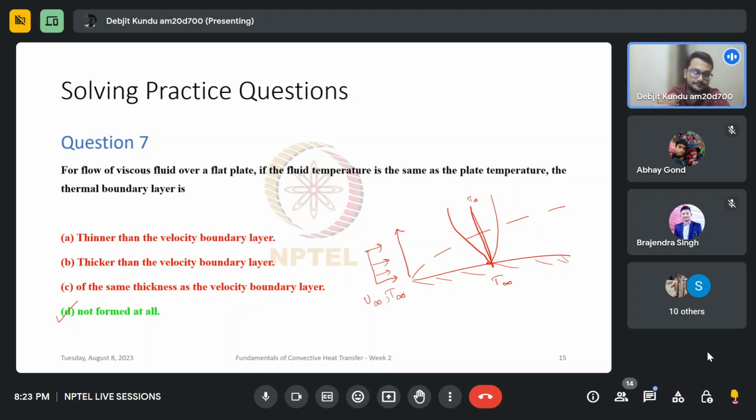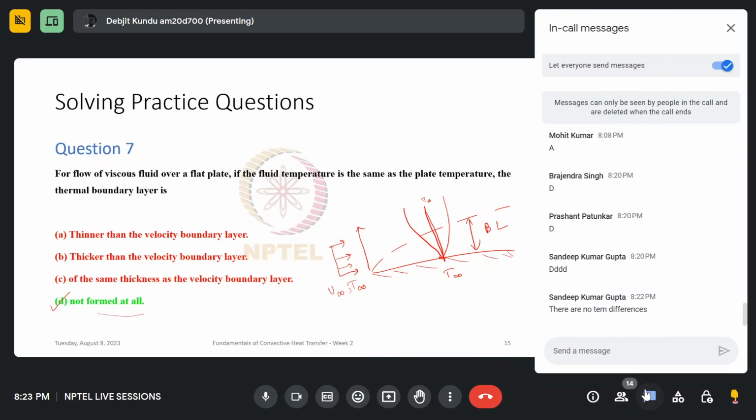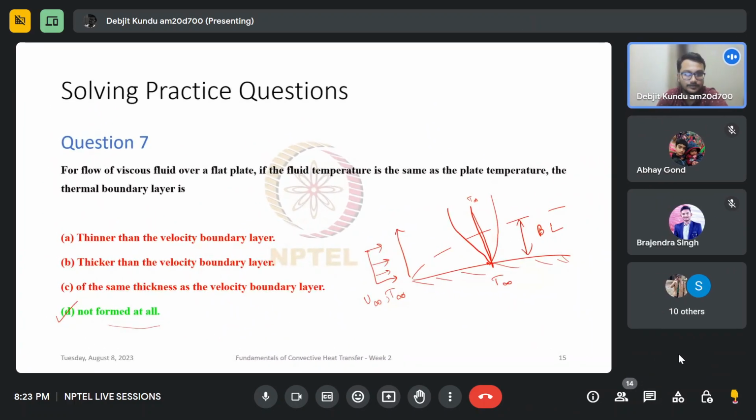So the region of influence, that's what we call a boundary layer in the first place. Since there will be no heat flux, there won't be any influence over the temperature. So that's why there is no formation of boundary layer at all. It's a simple question, but you have to be conceptually strong about this one.